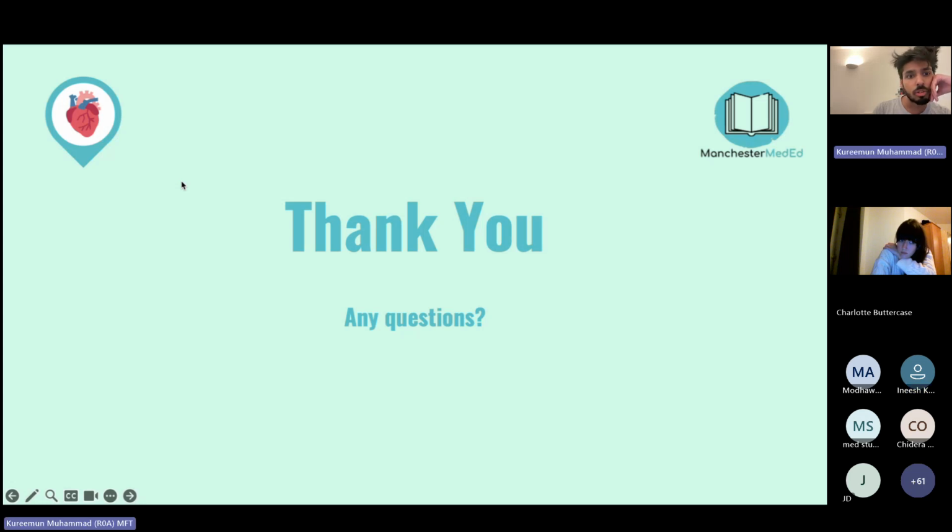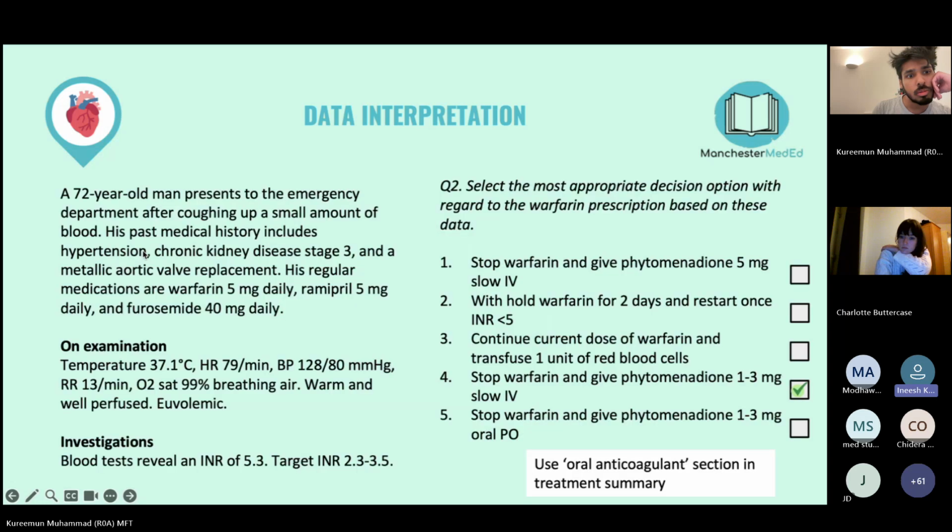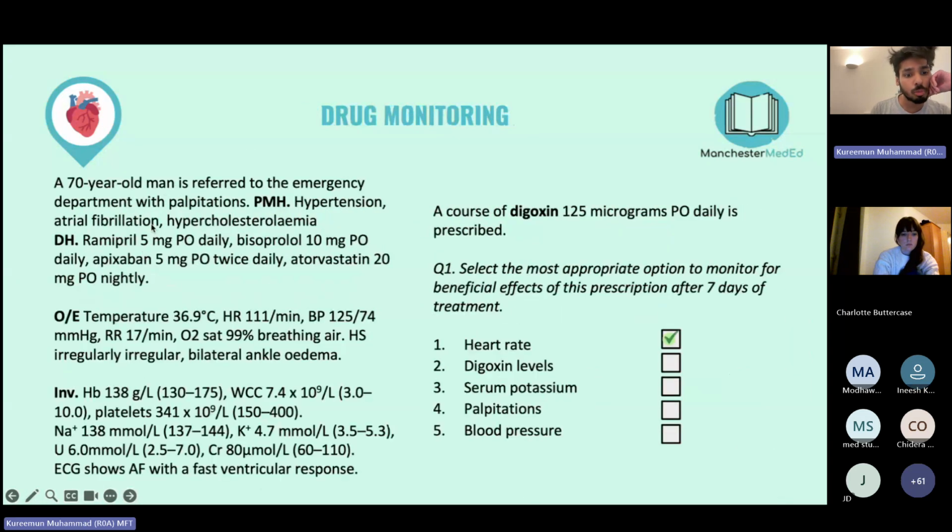For which question are you talking about? Was it the one about atorvastatin and which drug was wrongly prescribed, the one with the two columns? Okay, yeah, I know which one you're talking about. Let's have a look.